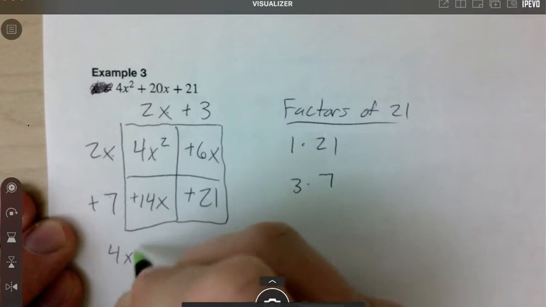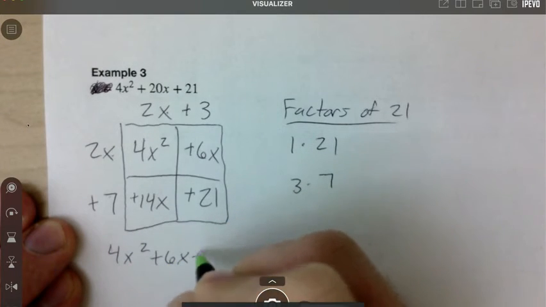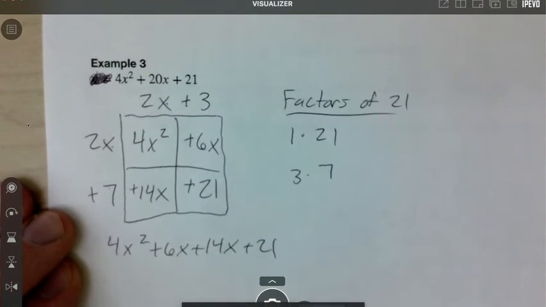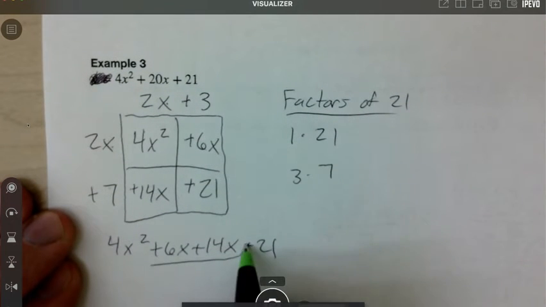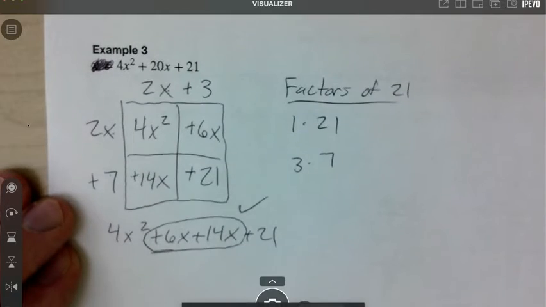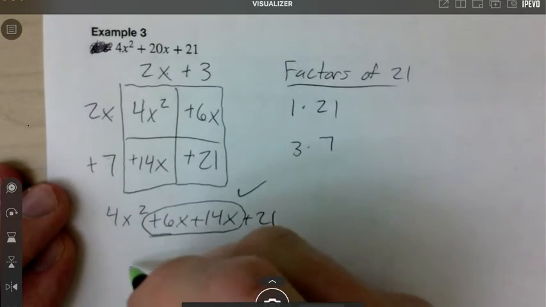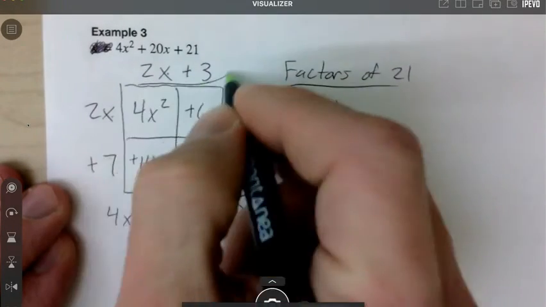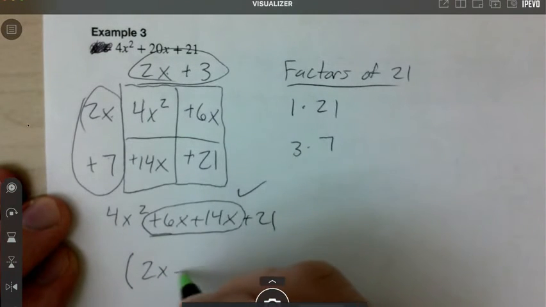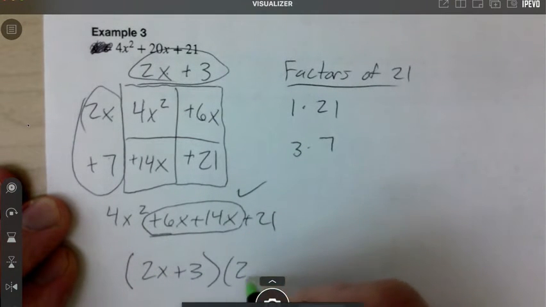And now I have 4x squared plus 6x plus 14x plus 21. All right, and there I have it. I can tell that these two certainly are going to add up to 20x. And now my factored form then is 2x plus 3 times 2x plus 7.